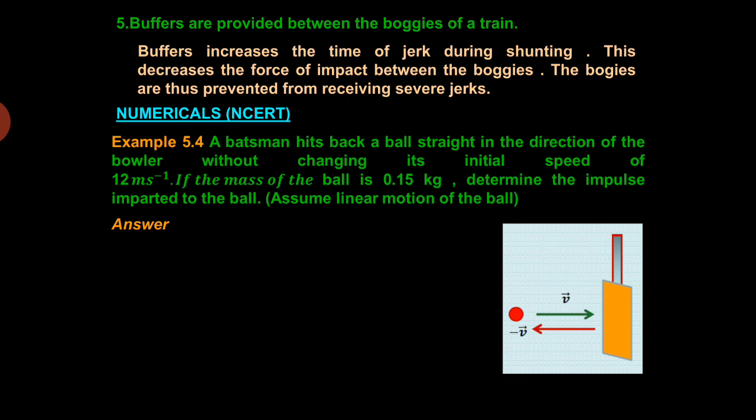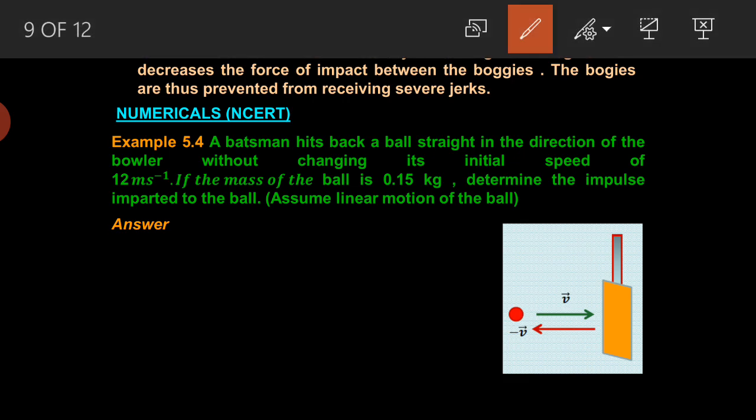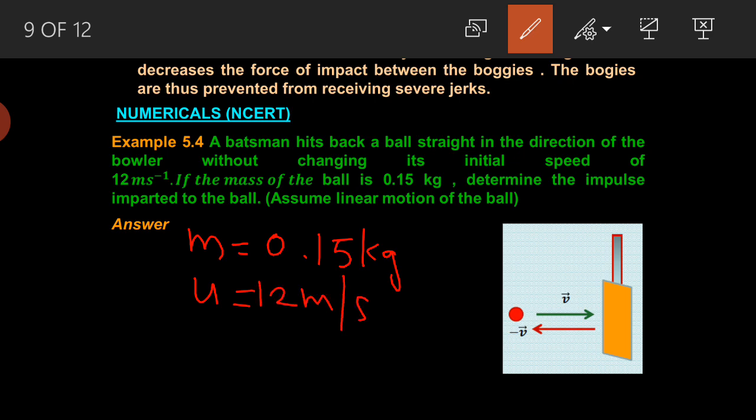Now, what is given here in the question? Mass of the ball is given to be 0.15 kg. And initial velocity u is equal to 12 meters per second. Final velocity v will be taken with the negative sign because the direction of motion of the ball changes.